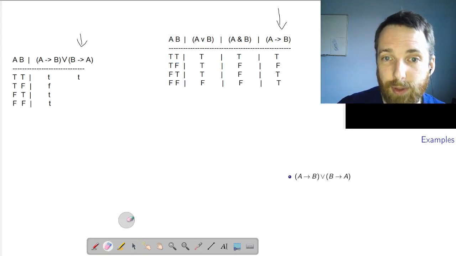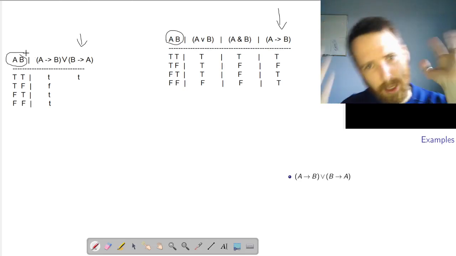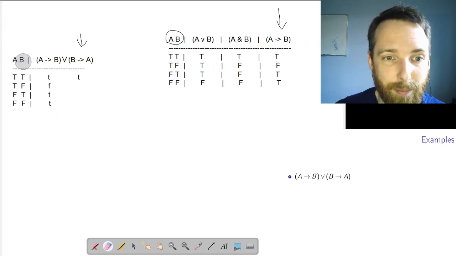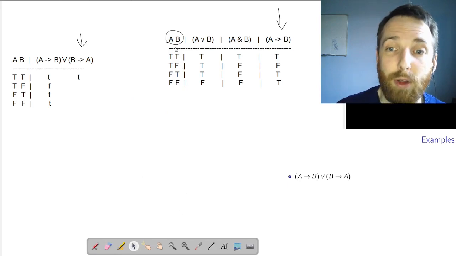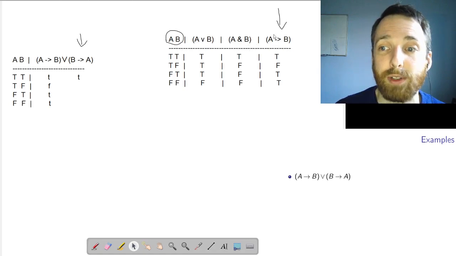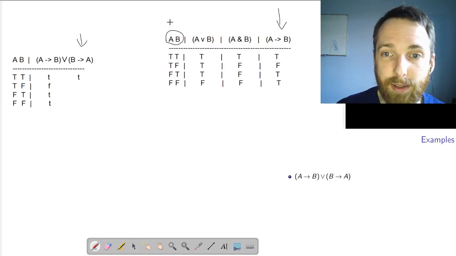That sounds confusing, doesn't it? Because over here I'm giving these rules in terms of A and B, and over here I'm using A and B, but this time I have to put B in the A and A in the B. Here's how you should think about it. Even though I haven't drawn it this way because my computer isn't all that fancy, when you're looking at a table that's telling you how OR works in general, how AND works in general, how arrow works in general, think of the atomic sentences here as being in scripty font.